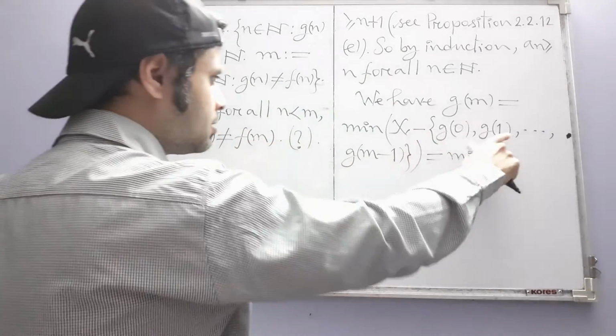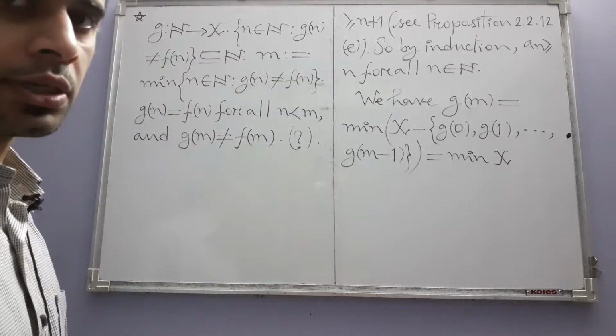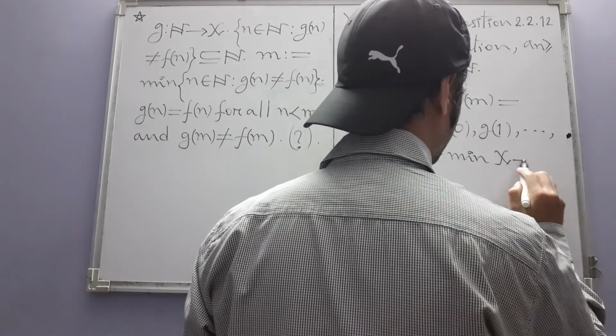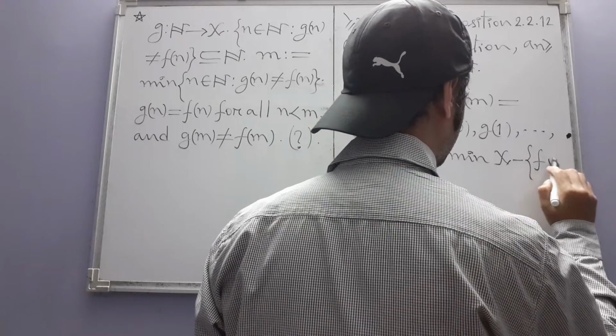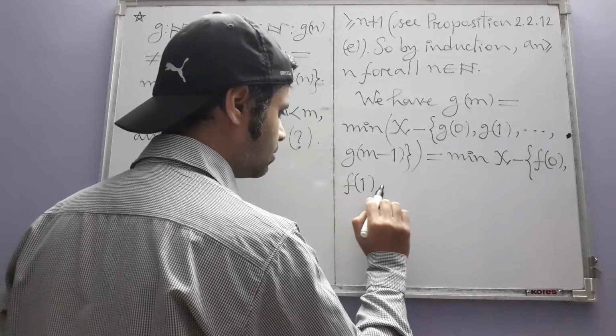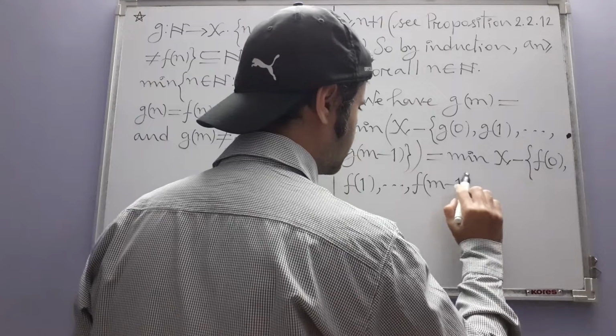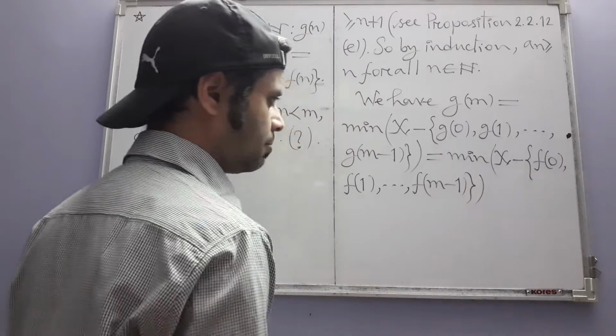That means all these g values that you see here are in fact also the corresponding f values. X minus f of 0, f of 1, etc., f of m minus 1.